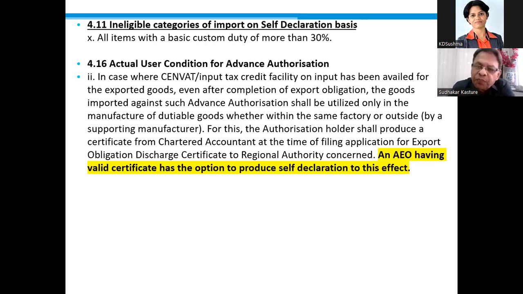And remember, this authorized economic operator is a status granted on behalf of World Customs Organization, but granted by national customs, and therefore it is advisable for every exporter that he must obtain this status. That will give him some additional benefits in terms of operational issues, not only under the policy, but also under the Customs Act.